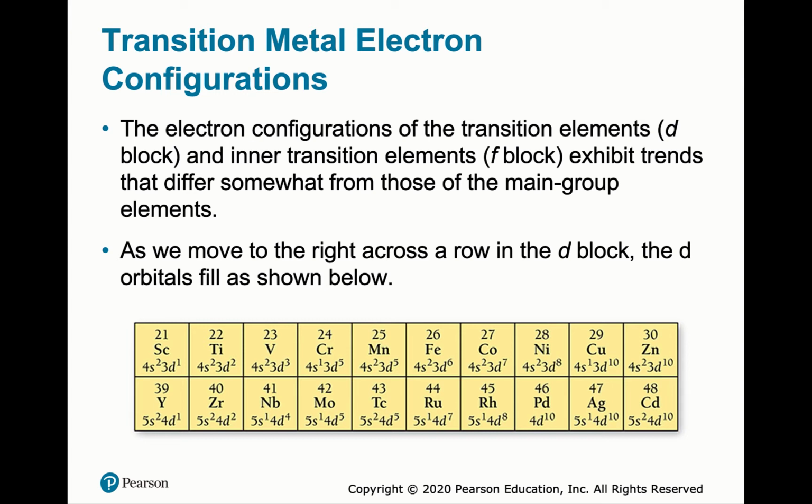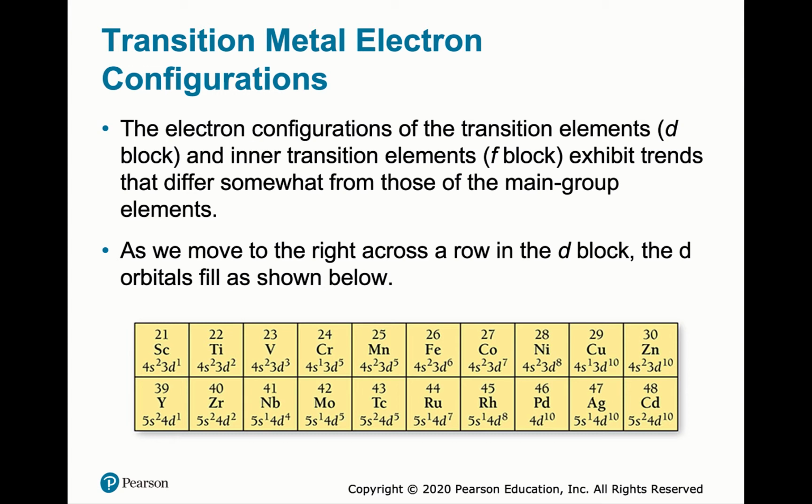As commonly said, the theory provides, but the experiment decides. So this is what we actually see experimentally. There are some irregularities here. You can look at chromium and molybdenum, so 24 and 42.